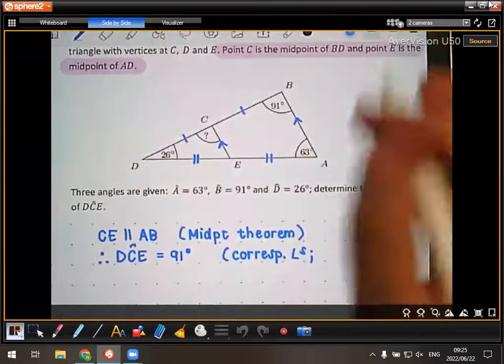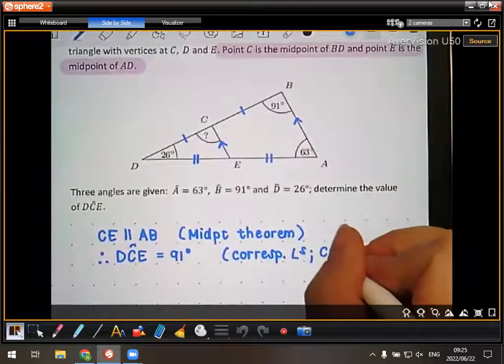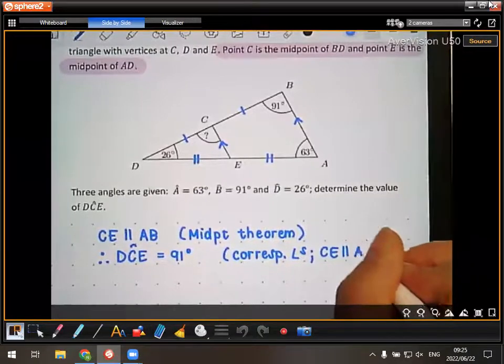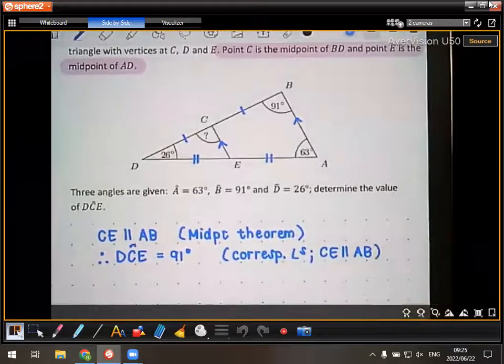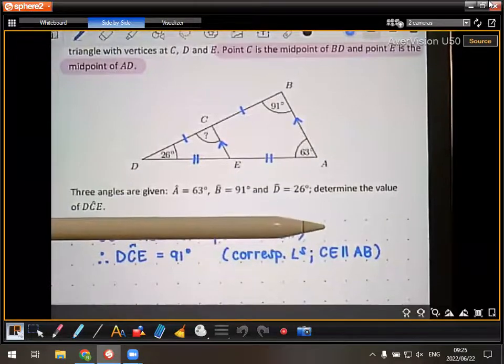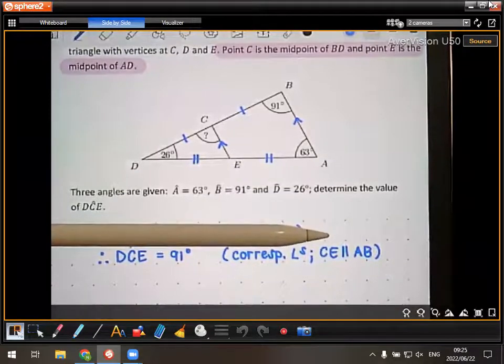And now you have to just list your parallel lines. But I'd be very strict in marking a question like this. If you leave out that line, you're going to get 0.